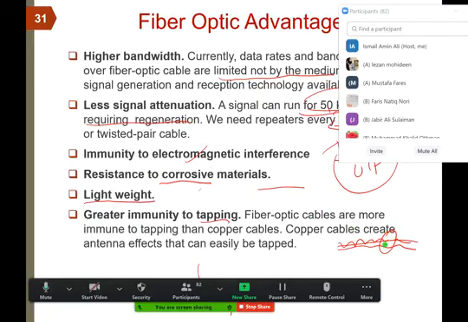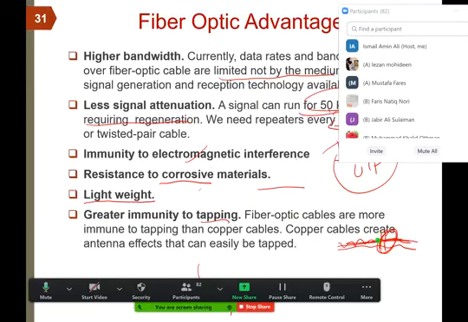Of course this is a very important concern if you are concerned about the security of your data. But if it's a fiber, no one can listen to these signals because it's light. How can you tap it?